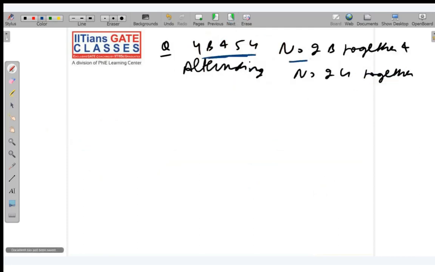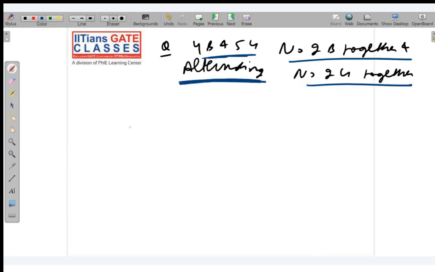So 4 boys and 5 girls, no two boys together and no two girls together. This is known as alternating arrangement. Let me tell you the alternating arrangement. Very simple. I can start with girl, then boy, girl, boy, girl, boy, girl, boy, girl. So 5 girls, and here we have arranged 4 boys. This is one of the ways.